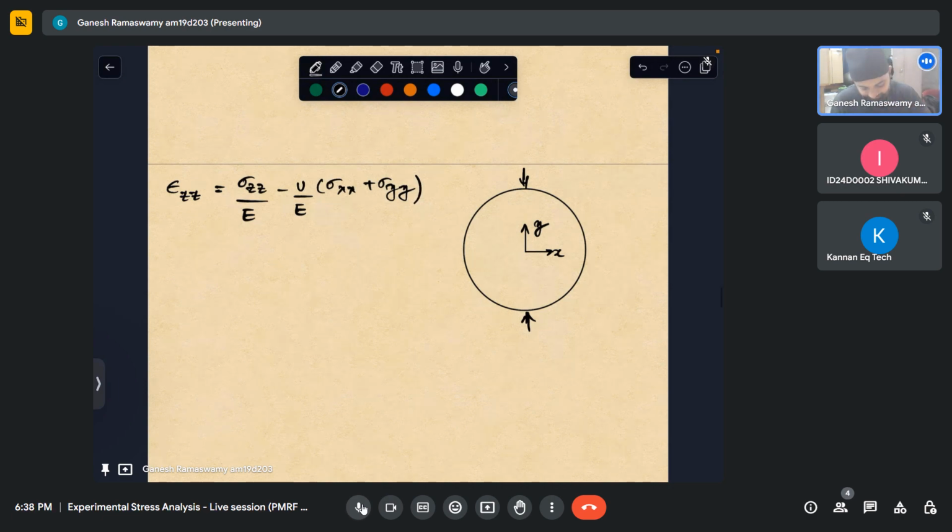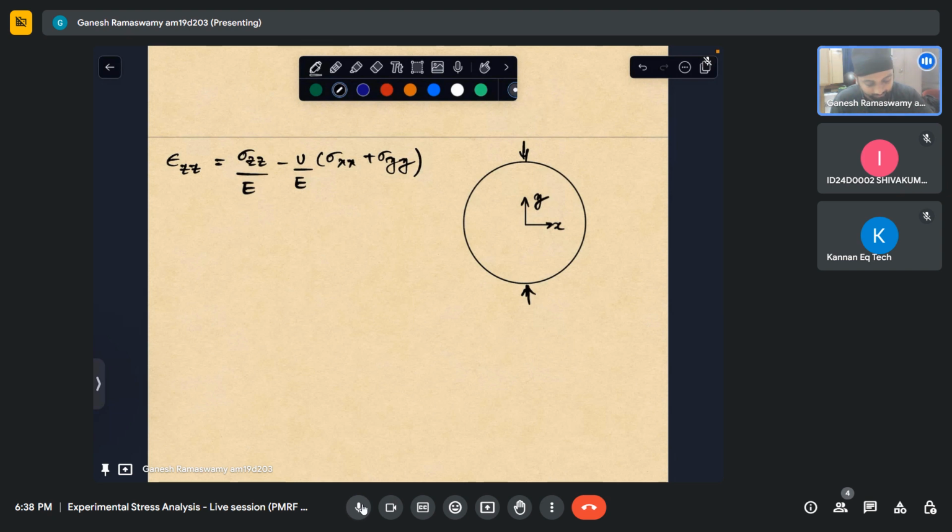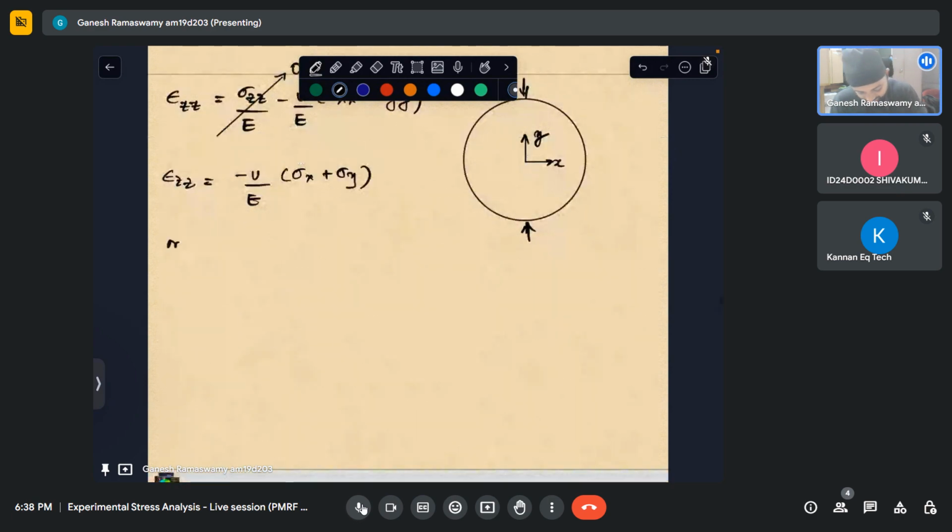Now for a plane stress problem, sigma zz is 0. So if I have the out of plane strain, then sigma x plus sigma y I can get. Or in other words, I can get sigma x plus sigma y equaling minus E epsilon zz by mu.